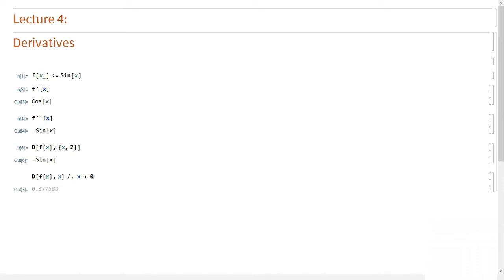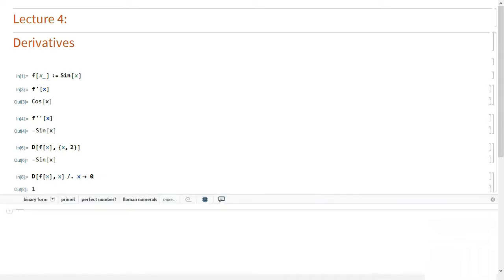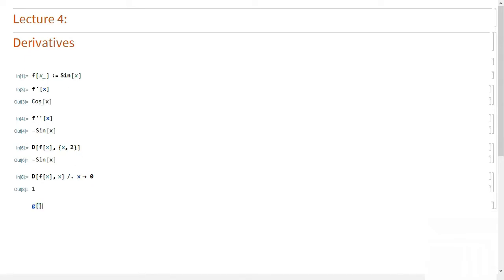And if you don't believe me, you can just take x equals 0. That should give us 1, right? It is giving us 1. Yeah, exactly. Now this will work even if you have multiple functions. Let's say I want to define another function called g of x as cosine of x, and I want to do f of x times g of x.